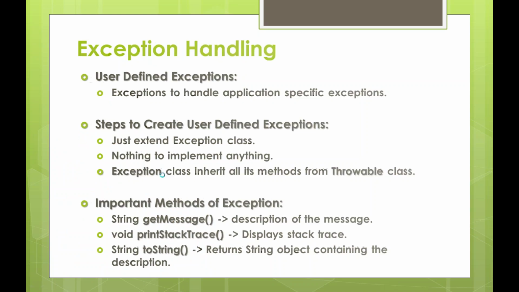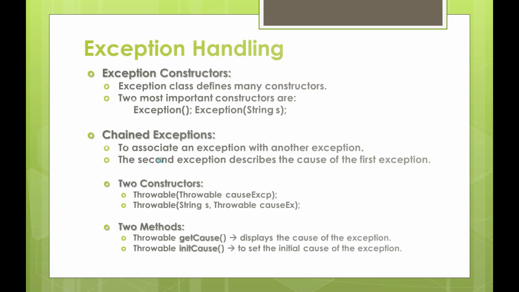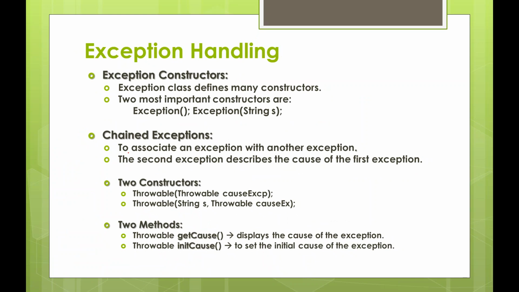And then let's move on to the next one. As we mentioned, the two most important are your exception and the exception strings. There is something called chained exceptions. You read about chained exceptions and try experimenting with them.